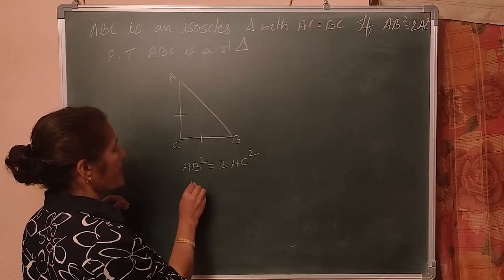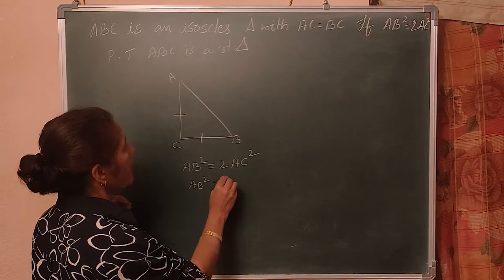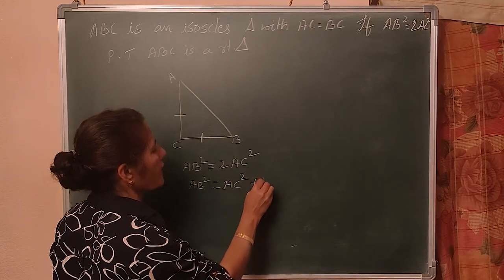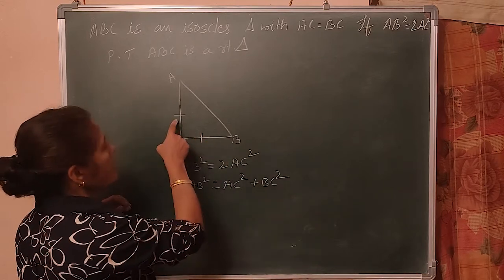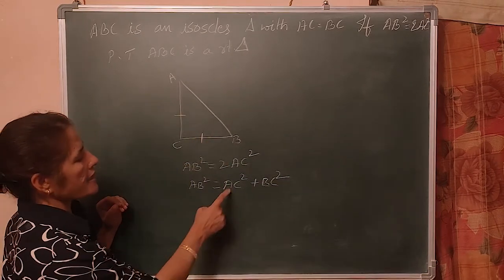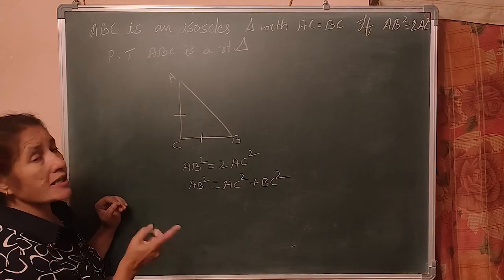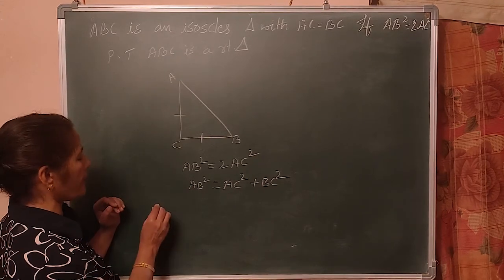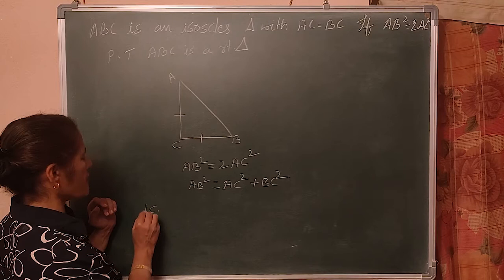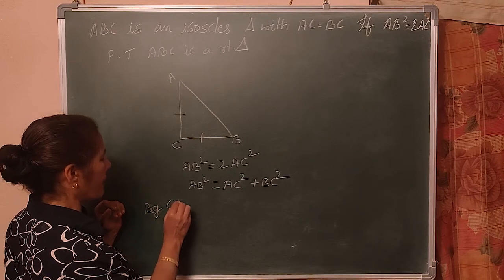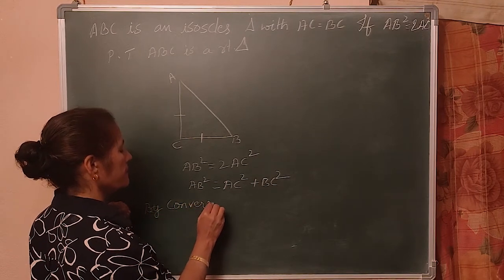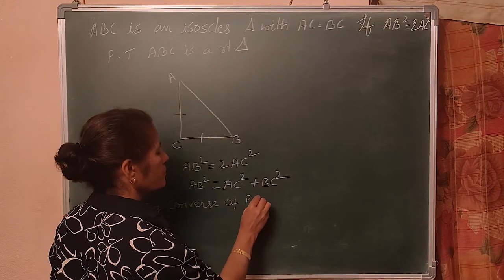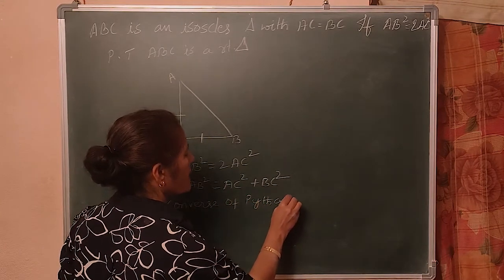Shall I write down AB square is equal to AC square plus BC square? Yes, because AC is equal to BC. AC square plus BC square. This is converse of Pythagoras theorem. What is that?